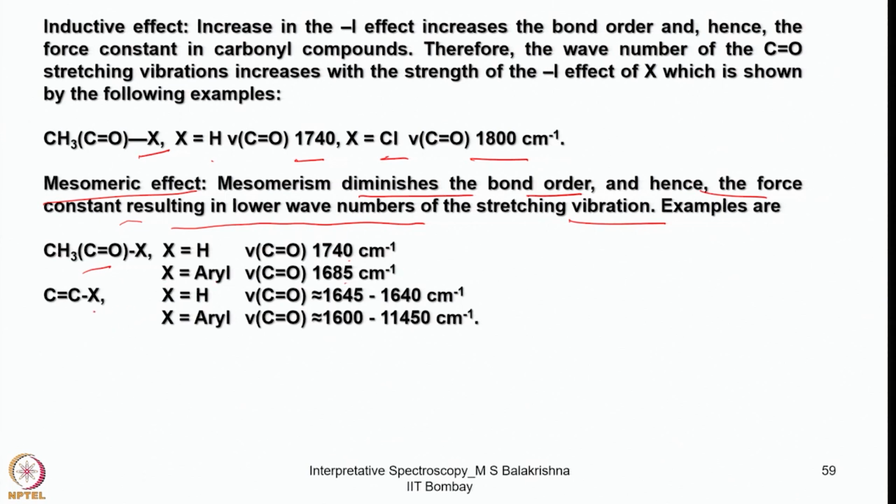And when X equals H, 1645 to 1640, and when you replace X with aryl, it drops to 1600 to 1145 centimeter minus 1. So one should know what influence the inductive effect and mesomeric effect have on carbonyl groups. If the inductive effect is there, stretching frequency increases, and if the mesomeric effect is there, stretching frequency decreases.